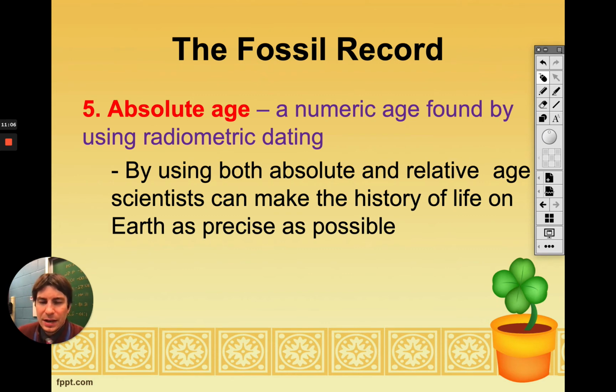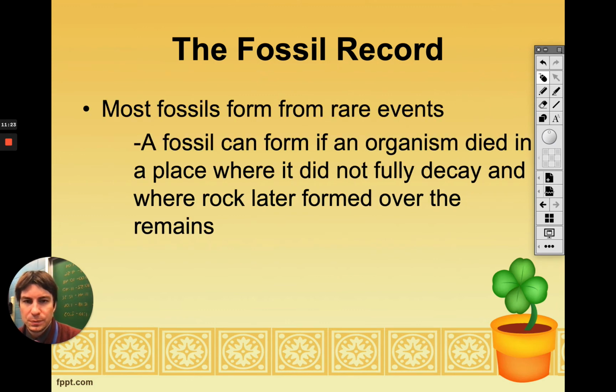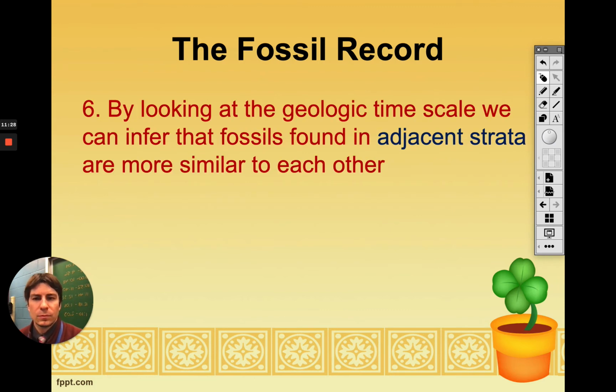Now, I know you guys have heard of carbon dating. A lot of these things are so old that carbon is actually not a good element to use. Instead, we're going to use potassium or uranium or different elements like that to determine the age of these fossils. Okay. All right. We're good here.